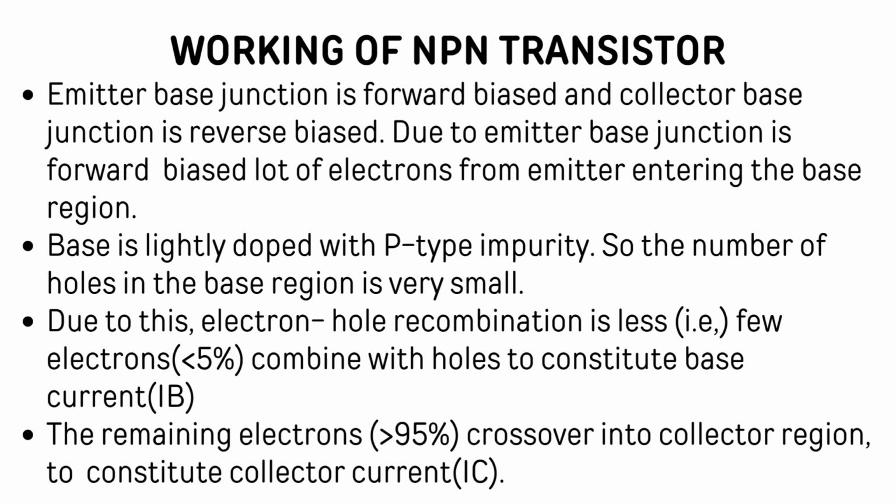Few electrons, less than 5%, combine with holes to constitute base current IB. The remaining electrons, greater than 95%, cross over into the collector region to constitute collector current IC.